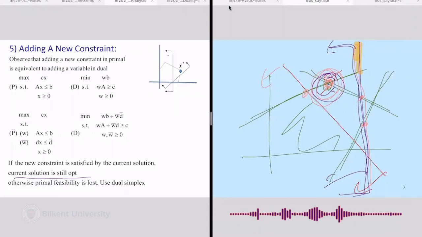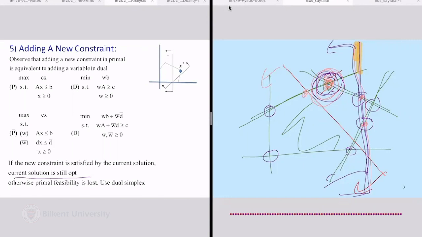The new corner points coming into the picture are this one and that one with this new constraint. The other ones were already with me when I was solving the original problem, the problem over the green space. When I was solving it, there were 1, 2, 3, 4, 5 corner points, and this one won among those 5.